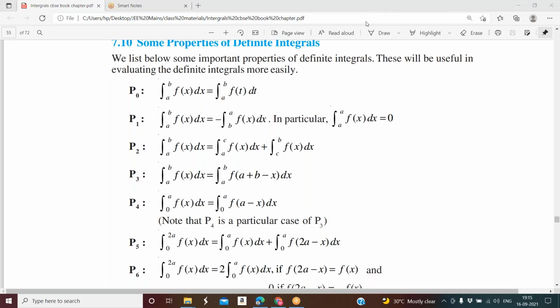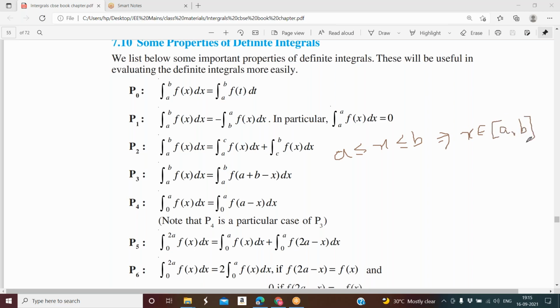That means x lies between a and b, a less than or equal to x less than or equal to b. That means x belongs to the closed interval a comma b.